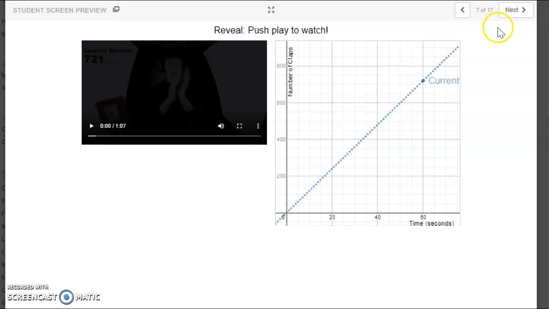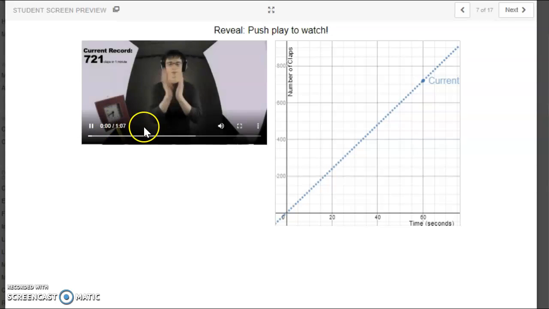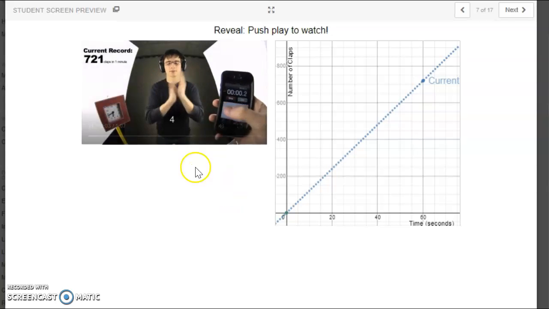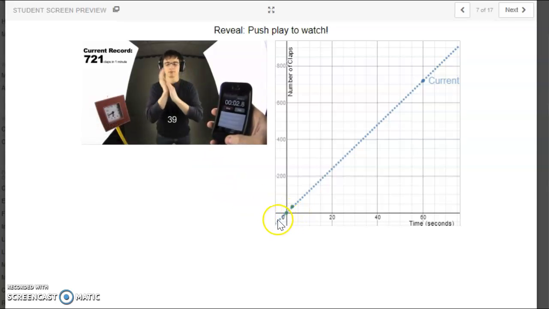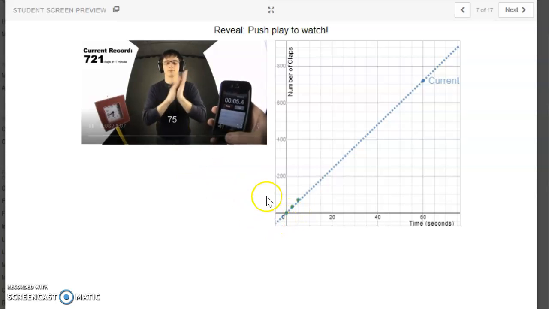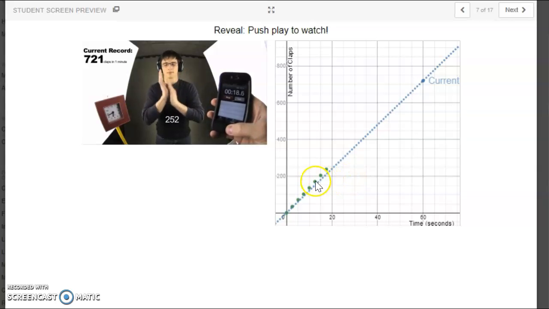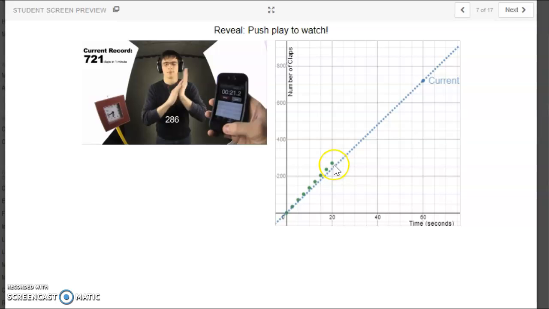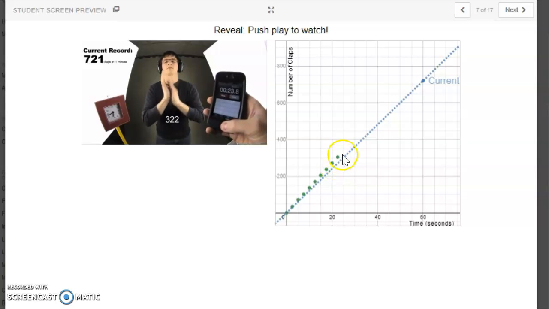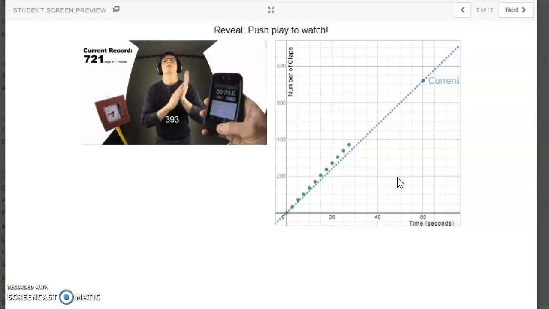All right, so then reveal, push play to watch, and when you watch this, it's actually going to give you the time, and it's going to graph it at the same time. Okay, so at 1 minute, there's that point of how many he clapped, and that's my green line. As the time elapses, he keeps on counting how many he is able to clap within that time, and the green dots represent how many claps he has done.